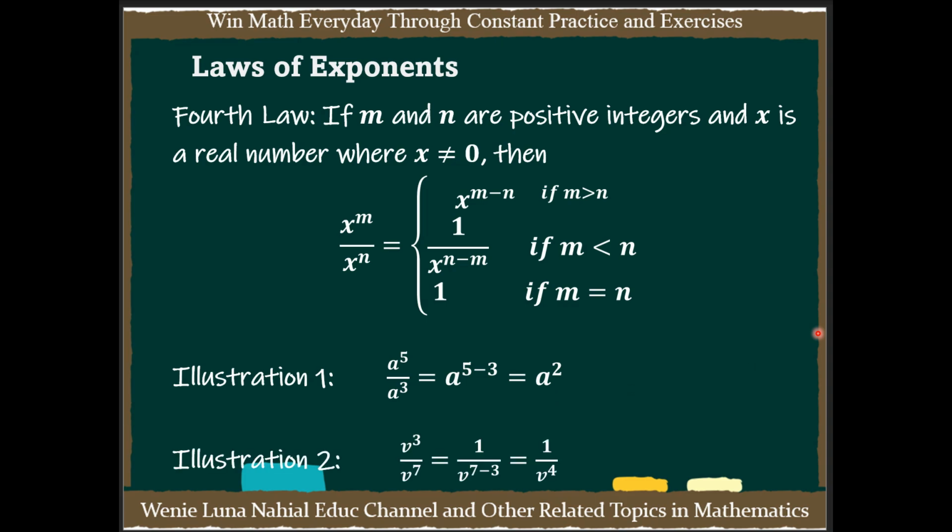Then another illustration, in this case our power in the denominator is greater than the power in the numerator. So we have to follow the second case, which is 1 over v raised to 7 minus 3. So that is equal to 1 over v raised to 4.